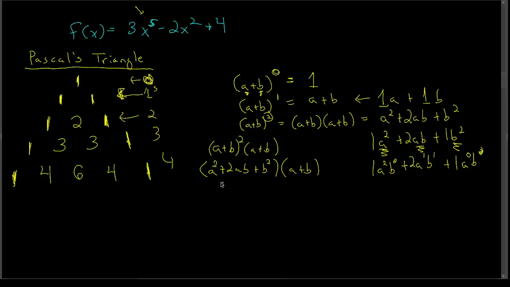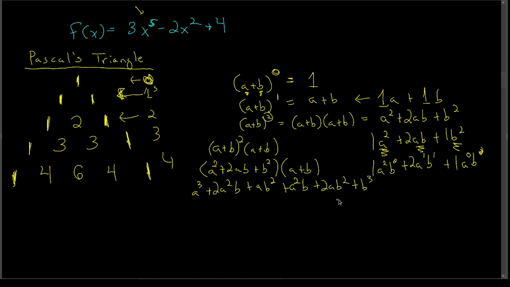If I multiply a through each term, I'm going to get a cubed plus 2a squared b plus ab squared. So a multiplied by this, a multiplied by this, a multiplied by this. And now I'm going to multiply b by each term. So I'm going to get a squared b plus 2ab squared plus b cubed.